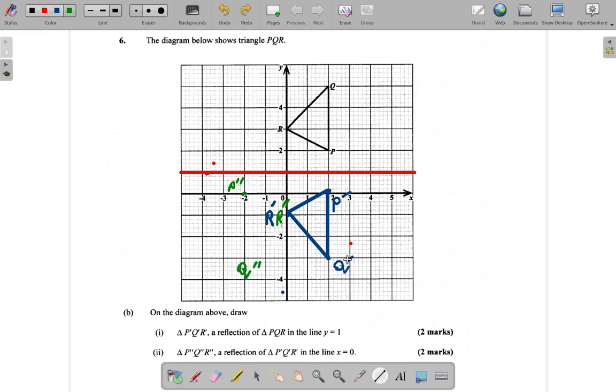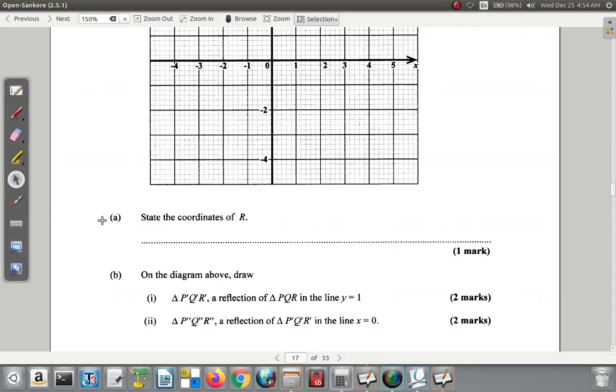So this new triangle would be this, and this to here, and this to here. Okay, good. So it would look somewhat like that. So that was our two new triangles. Now let's see what else the question says to do.